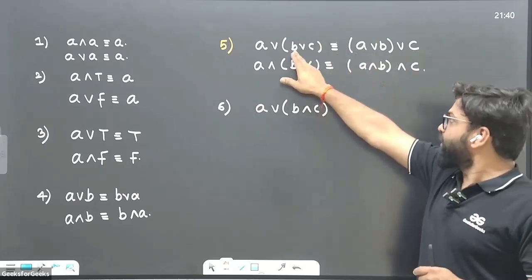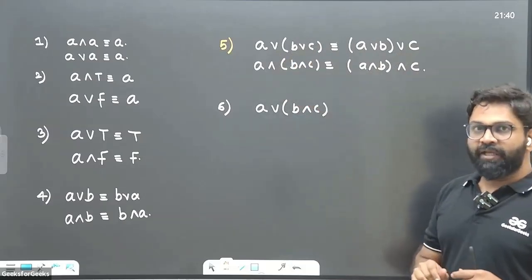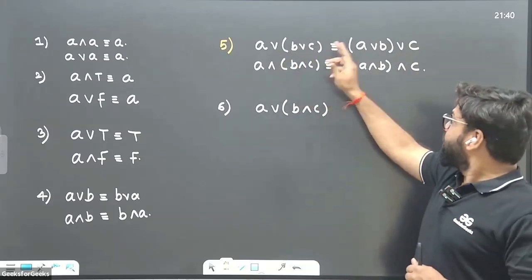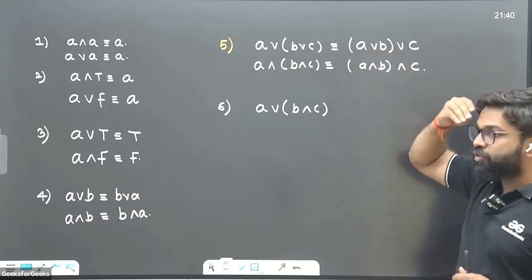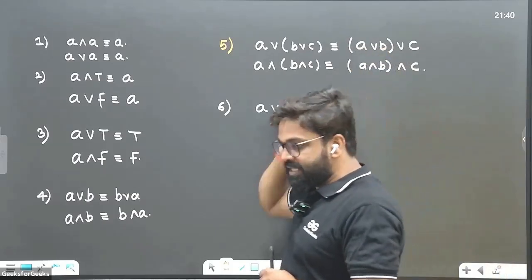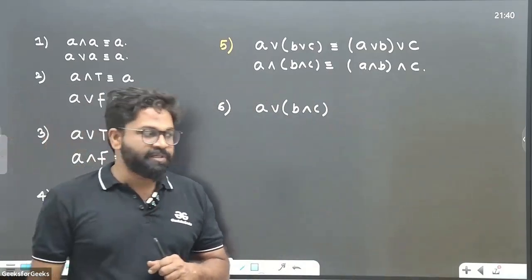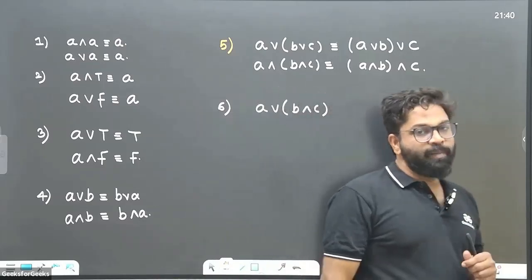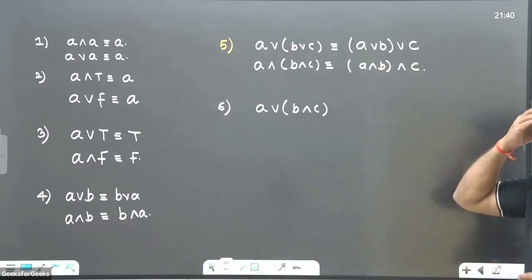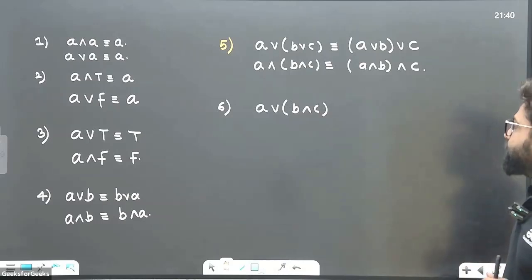That means with respect to this, first you have to solve this particular bracket. And in this one, first you have to solve this particular bracket. Again, I'm stressing this point: A, B, and C are not just simple propositional statements. Basically, they are compound propositional statements. So always try to remember this.